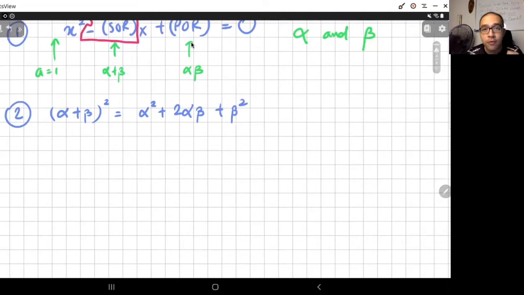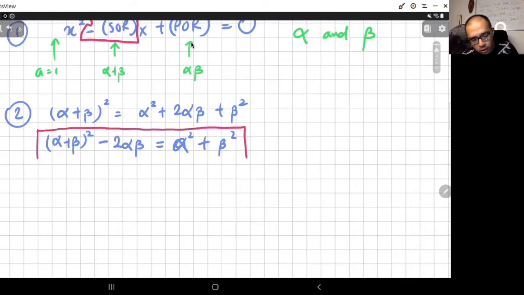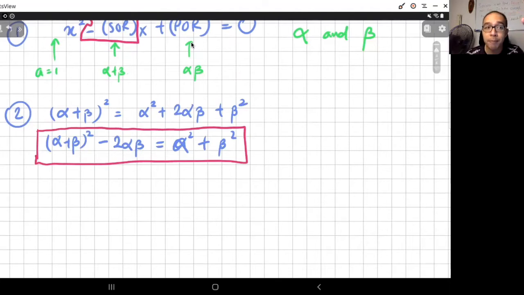Because of that, I can say that alpha plus beta squared minus 2 alpha beta equals to alpha squared plus beta squared. This relationship is probably one of the more important relationships that you need to bear in mind. It is not really a formula. It's just something that, after I expand and manipulate, I get this. And we will soon see why it is very important.